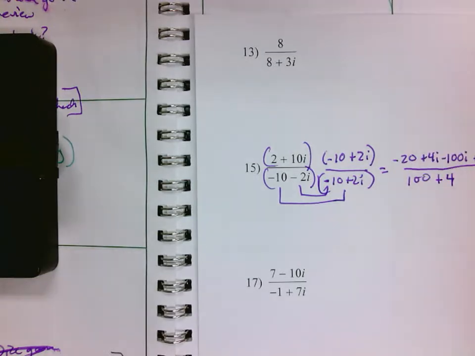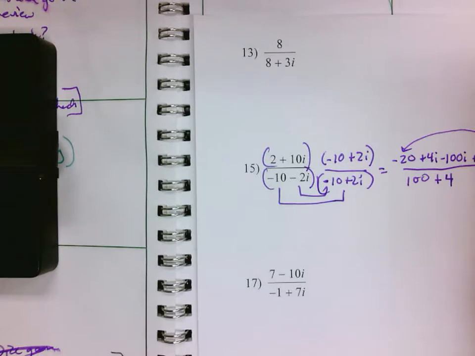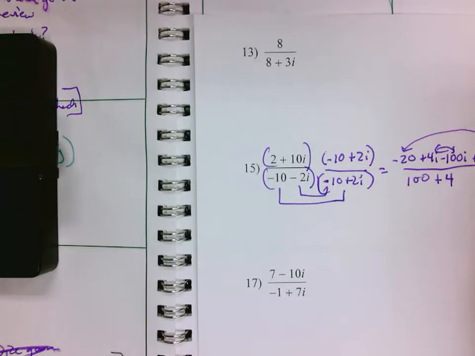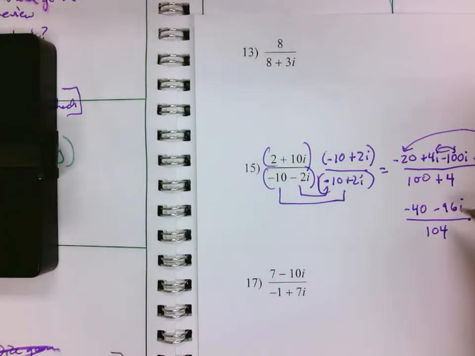So combining like terms, these two are like terms. These two are like terms. So negative 20 and negative 20 is negative 40 minus 96i all over 104. And before you finish, you want to see, is there a number that goes into all three of them? And 4 definitely goes in there.